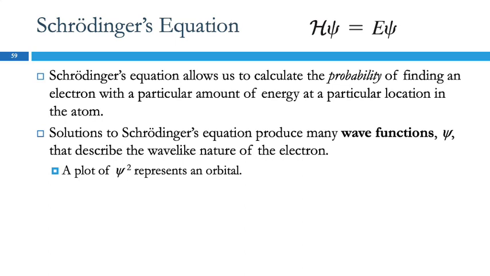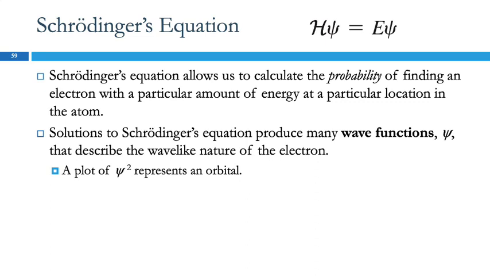Anyway, Schrodinger's equation allows us to calculate the probability of finding an electron that has a specific amount of energy at a particular location in the atom. Now, the energy is related to the velocity, right? So we can't know the velocity and the position at the same time.